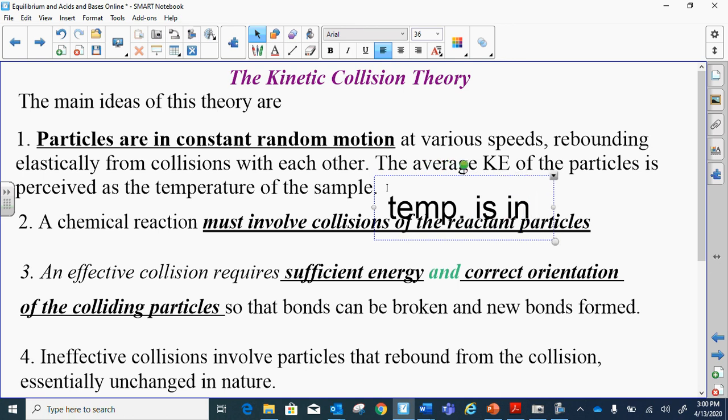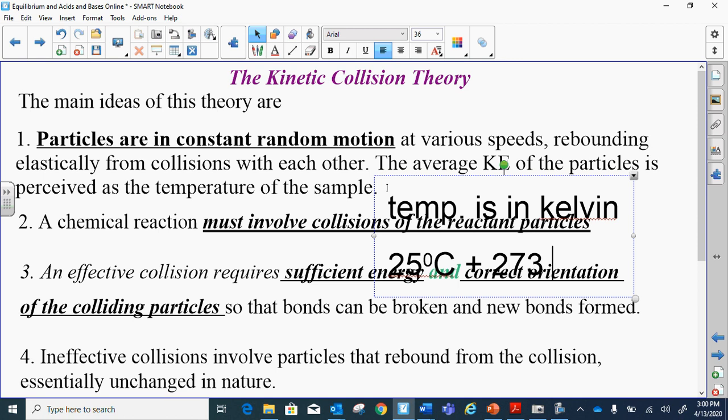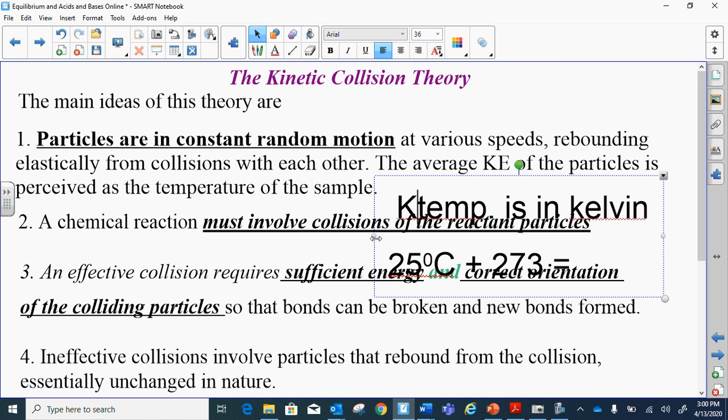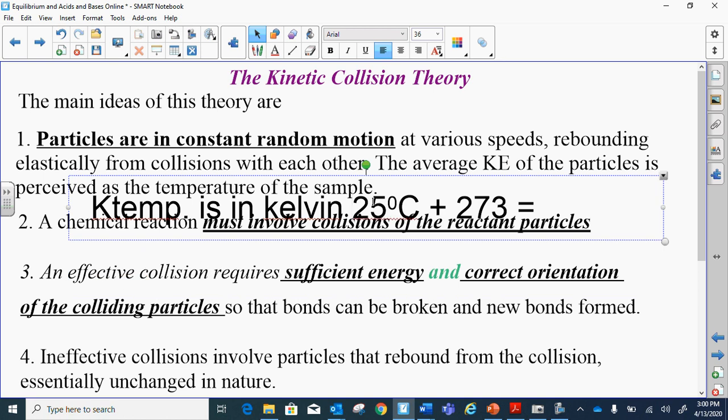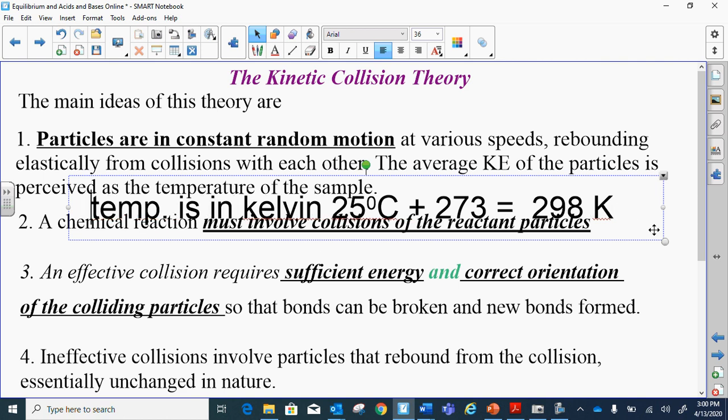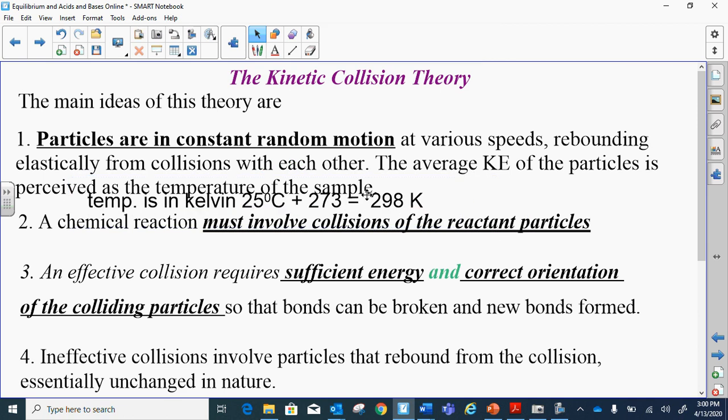So remember, if we have room temperature of 25 degrees Celsius, we add 273 to that, and that will give us our Kelvin equivalent. And again, with those collisions, they have to be such that there's sufficient energy to form something new.